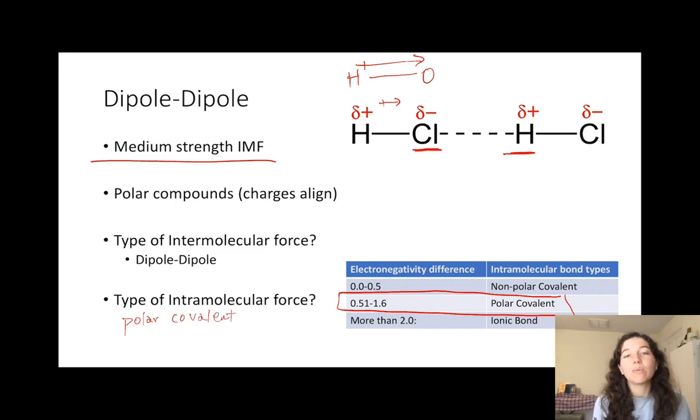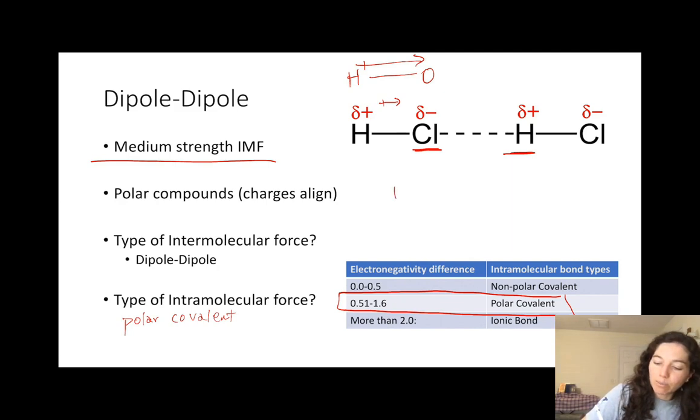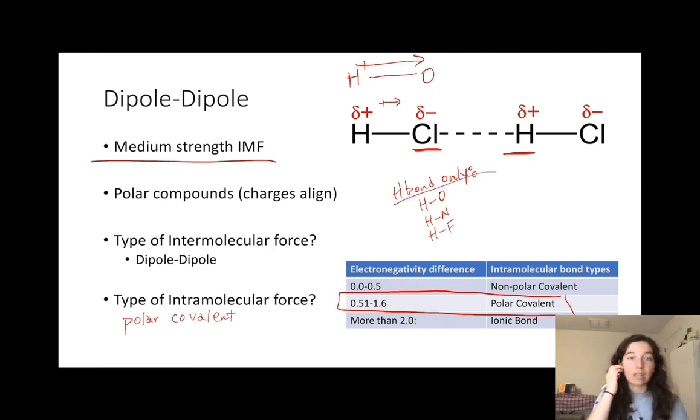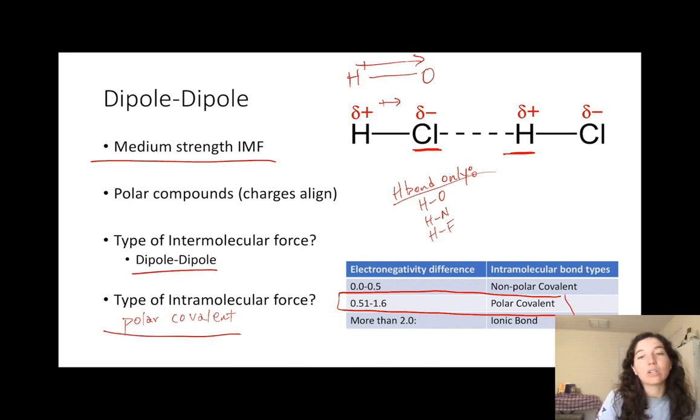So we see that both hydrogen bonding and dipole-dipole bonding are a result of polar covalent bonds. But the difference is that our hydrogen bonding is specifically between a hydrogen and an oxygen, a hydrogen and a nitrogen, and a hydrogen and a fluorine only. You will never see it with anything else. So do keep that distinction in mind as you're learning these.